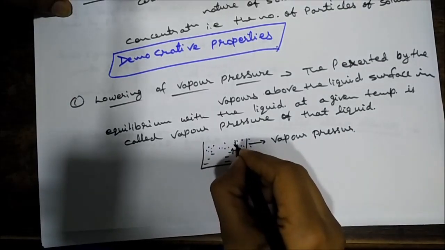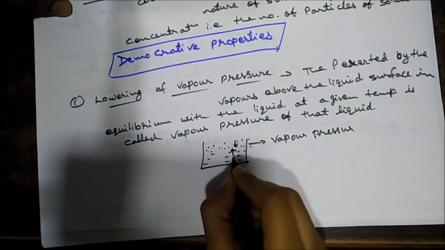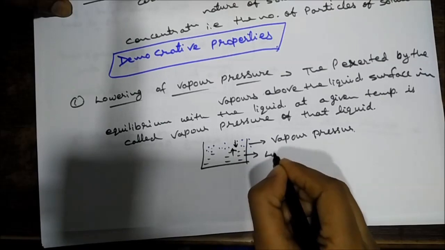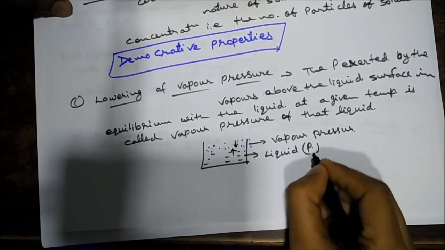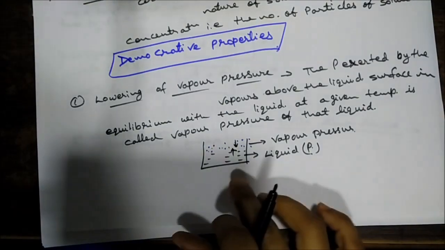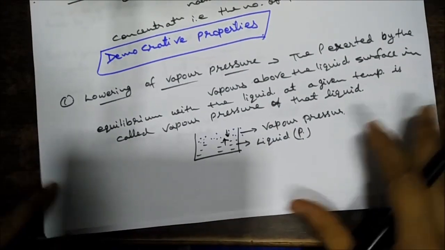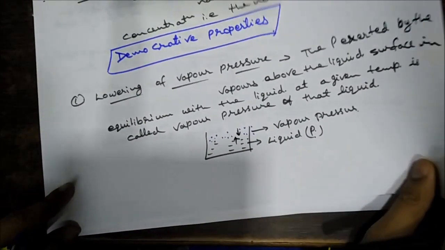And this pressure is in equilibrium with the liquid. So this vapor pressure depends upon different things.